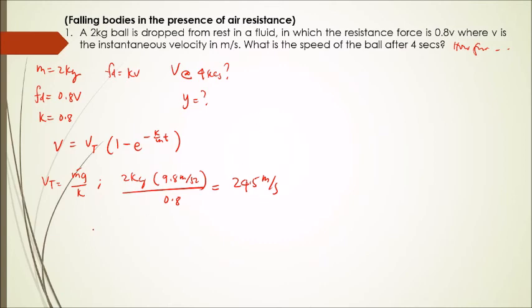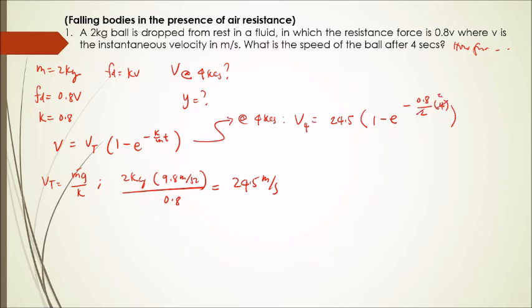Now from this vt, we can use this equation at 4 seconds. So v at 4 seconds is equal to vt, that is 24.5, times 1 minus e to the negative k over m, that's 0.8 over 2, times the time, 4 seconds.